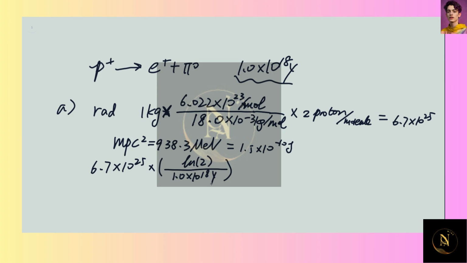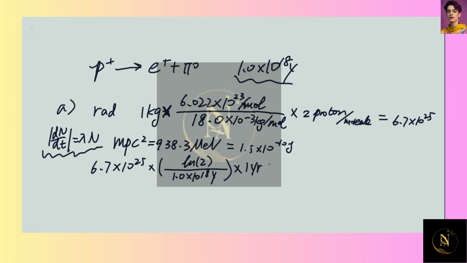This is the lambda we have, and let's remind you that dN over dt equals lambda N, and we're using this equation right now. And we know ln 2 over the half-life is going to tell us what lambda is.